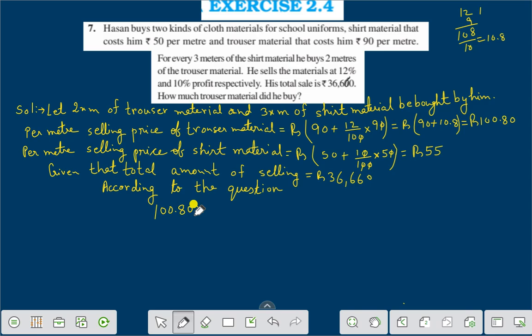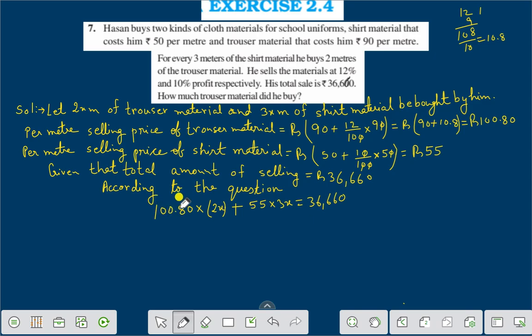100.80 into 2x for trouser material, since trouser material is 2x meter, plus 55 into 3x is equal to 36,660.